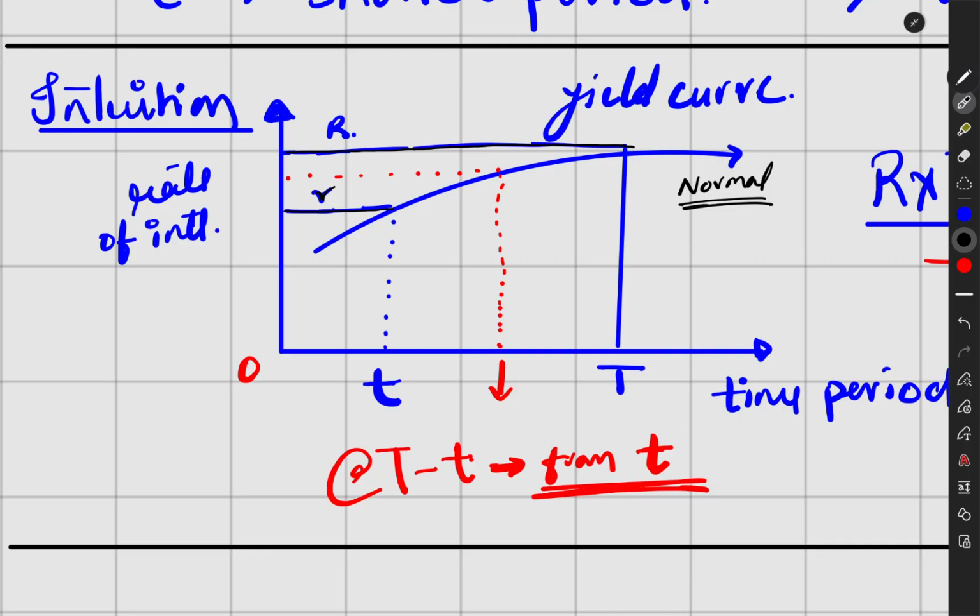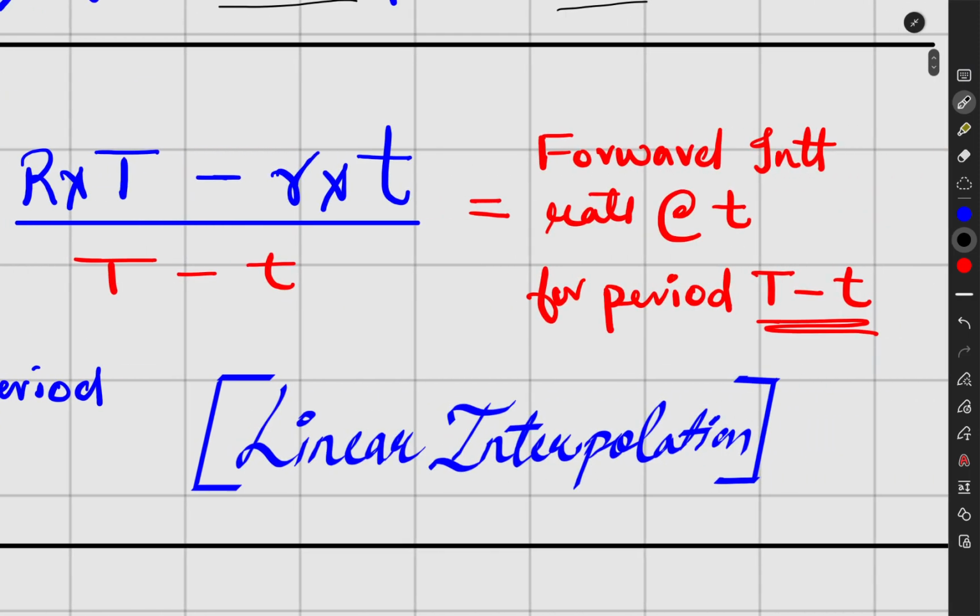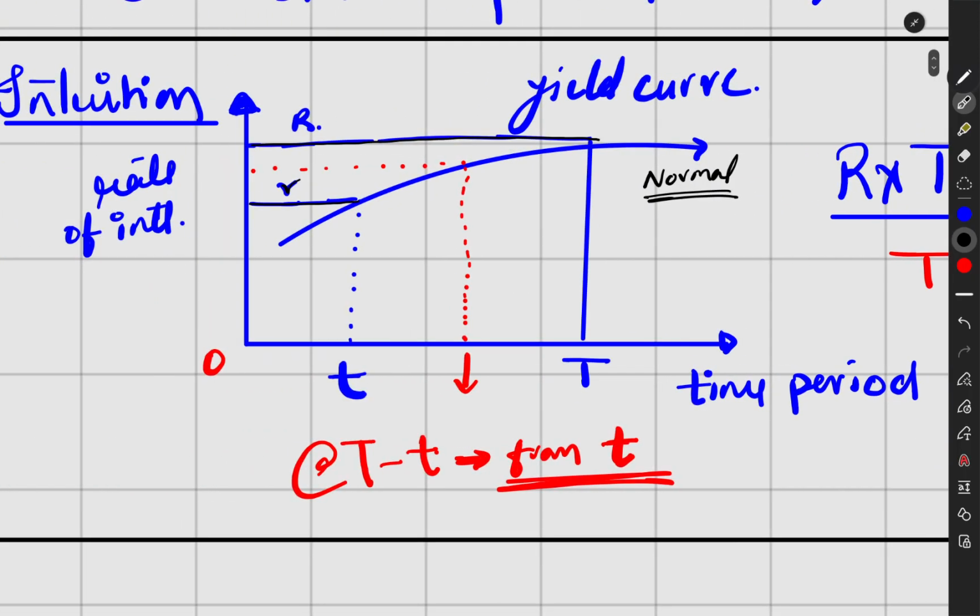You want to know what would be the interest rate between these maturities. You can do this by a technique called linear interpolation. You know data, but you do not know the data in between, so you try to estimate it through linear methods.